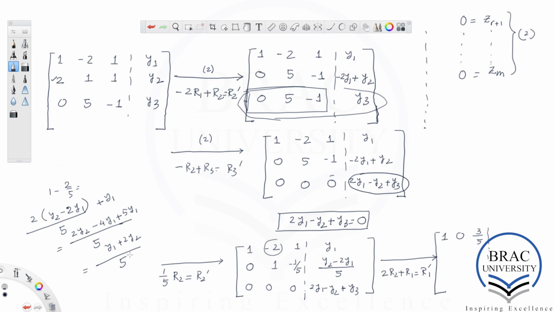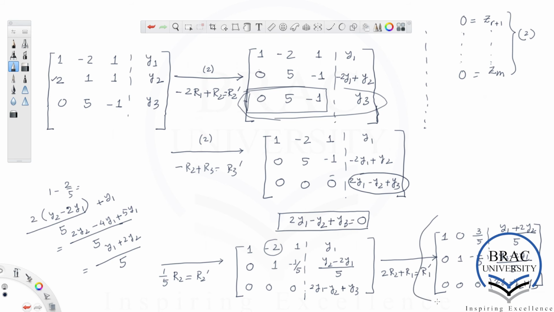So this is what you have at the end: y1 plus 2y2 over 5, and this is 0 1 negative 1 over 5, and then y2 minus 2y1 over 5, and then you have 0 0 0, 2y1 minus y2 plus y3.